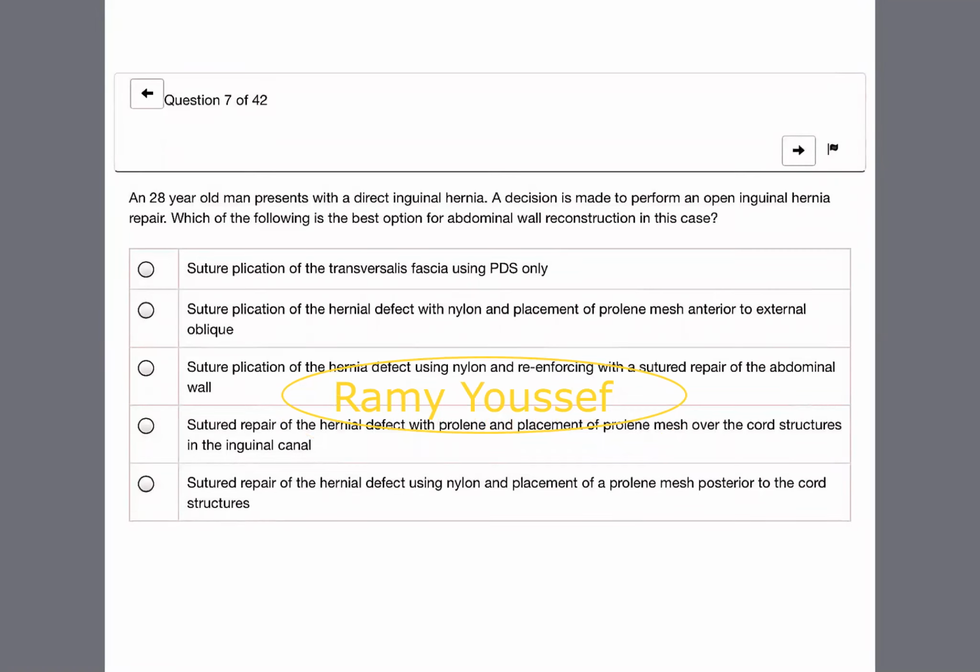A. Application of the transversalis fascia using PDS only. B. Suture application of the hernia defect with nylon and placement of nylon mesh anterior to the external oblique. C. Suture application of the hernia defect using nylon and reinforcement with a suture repair of the abdominal wall.